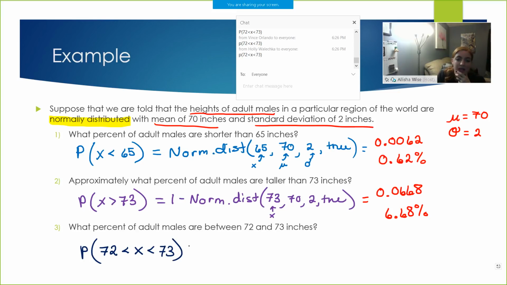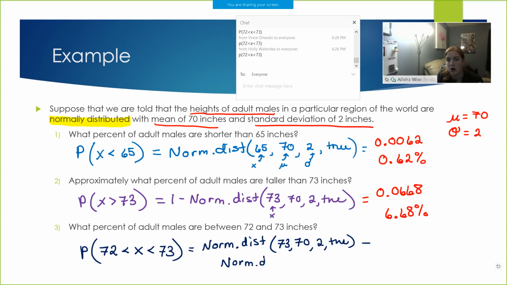So again, between is when you're finding the probability of both and subtracting. So let's go ahead and find the probability of the larger number, which is 73, and subtract the probability of the smaller number here, 72.